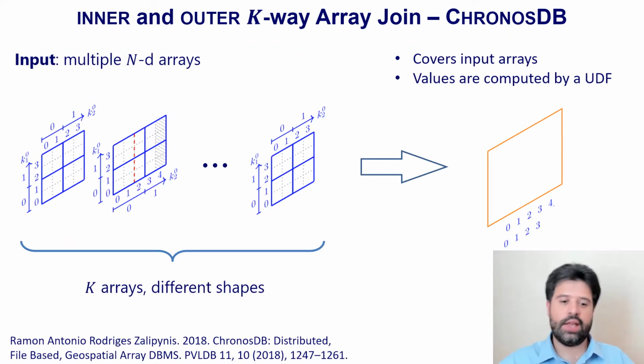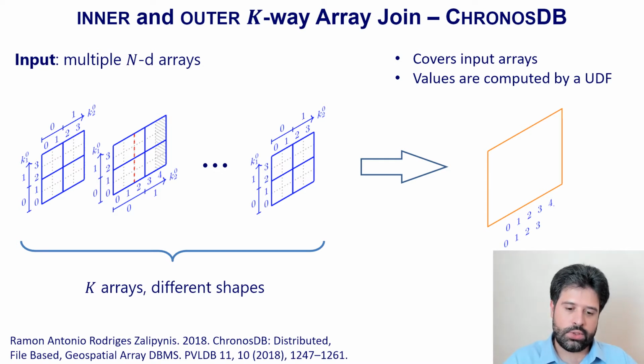As input, the k-way array join takes k arrays and several functions. Input arrays may have different shapes. As a result, you get an array that covers all input arrays. That is, a hyperslab exists that can produce any axis of any input array from an axis of an output array. Cells of the output array are computed by a user-defined function.